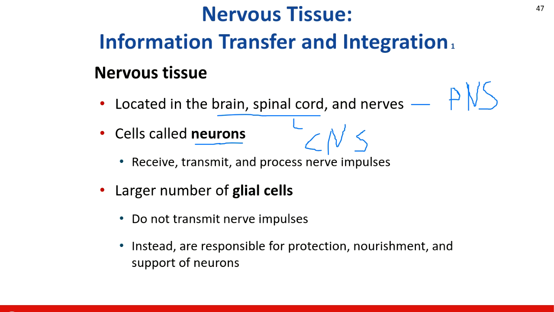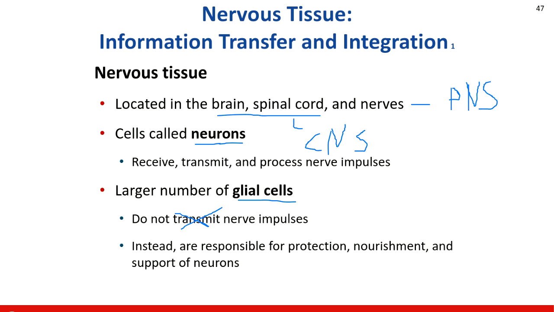But the neuron is the diva of the nervous system, and just like every diva, there's going to be an entourage. The entourage for the neuron are the glial cells. They're the support cells. And actually, there's more glial cells in your body than there are neurons. They do not transmit nerve impulses.